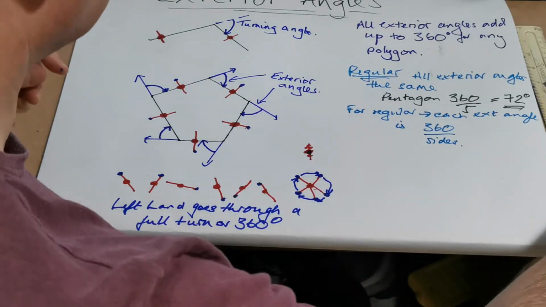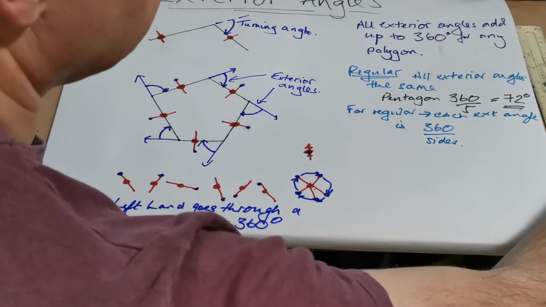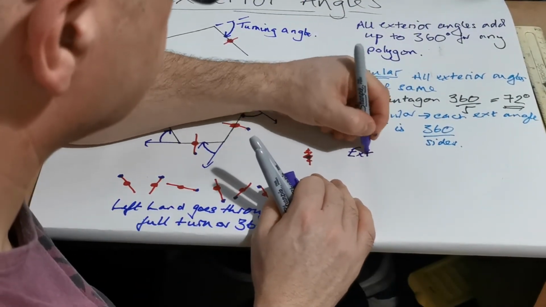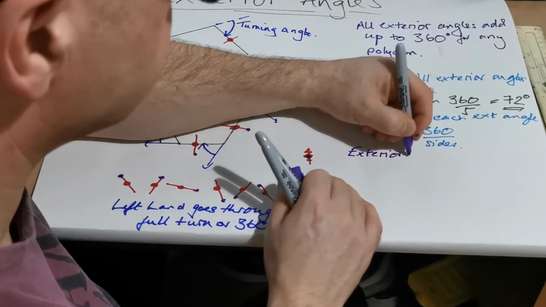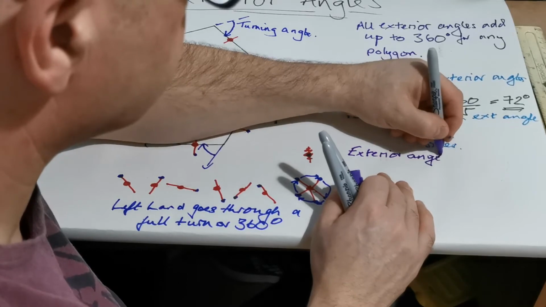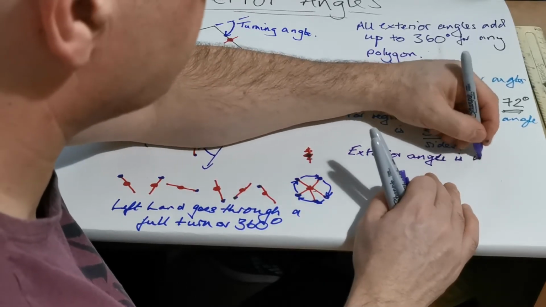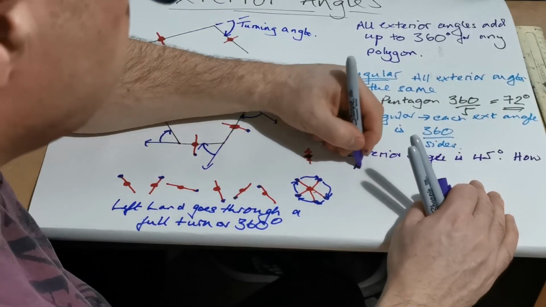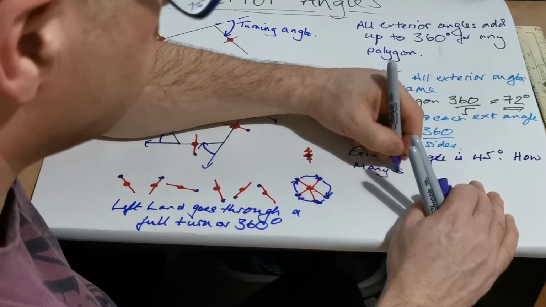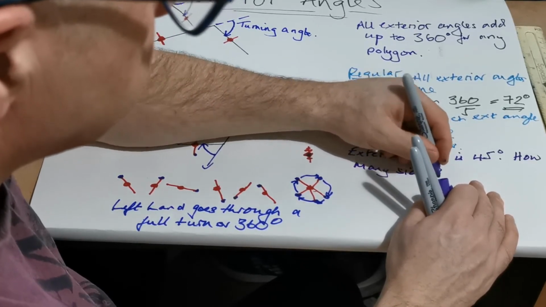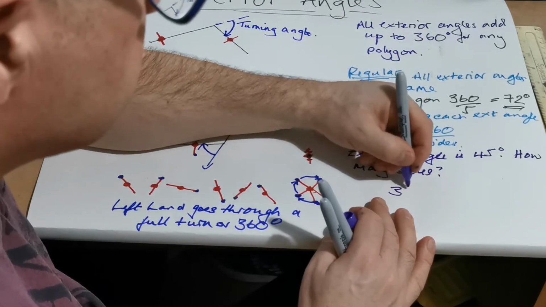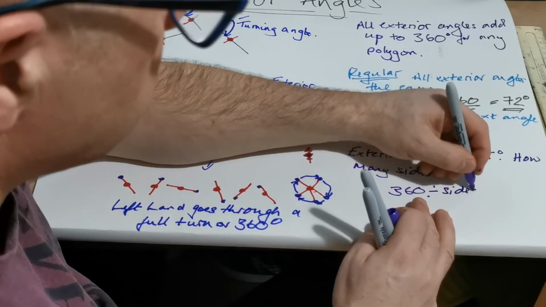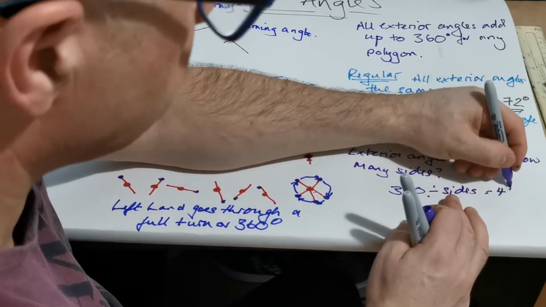And you can use that as well to find out the number of sides. So if I said exterior angle is 45 degrees, how many sides? You would know that 360 divided by sides is equal to 45.